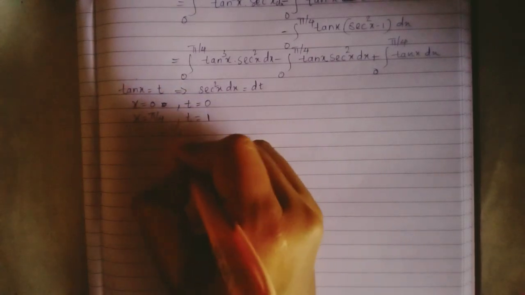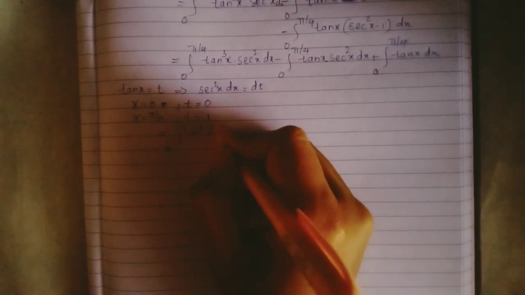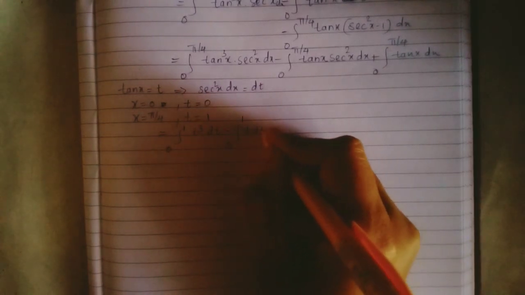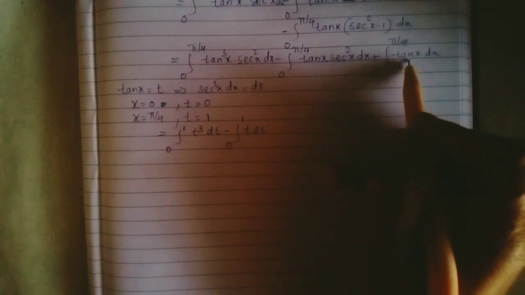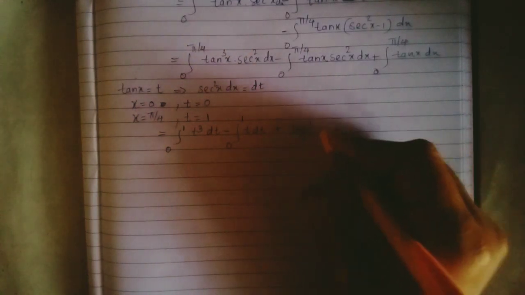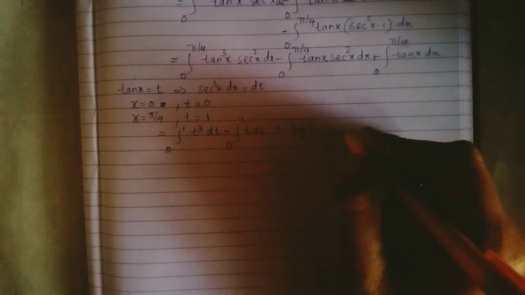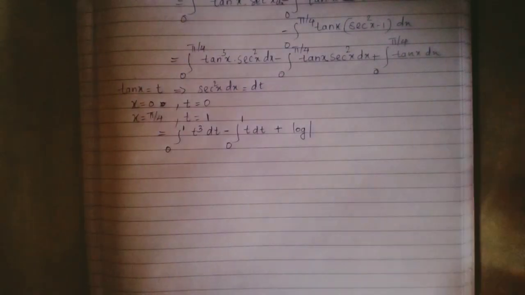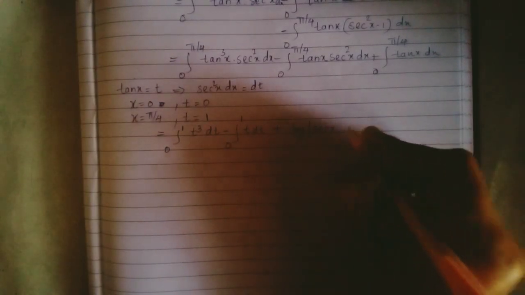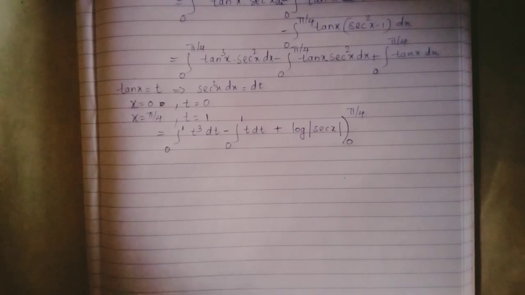So changing the limits, you will get integral 0 to 1 t cube dt minus integral 0 to 1 t dt, and this you can directly write, that is integral of tan x is log sec of x, with limits 0 to pi by 4.